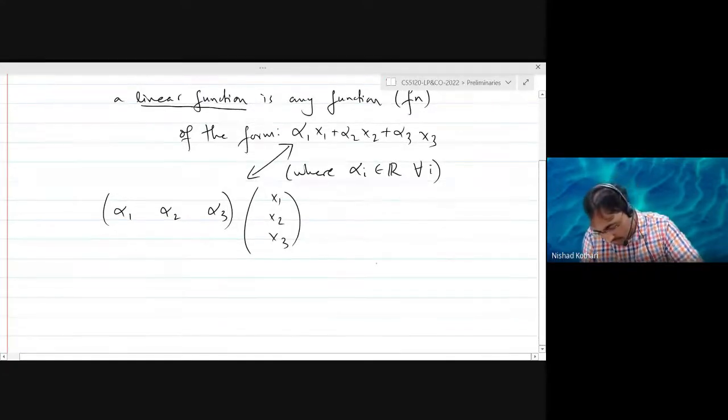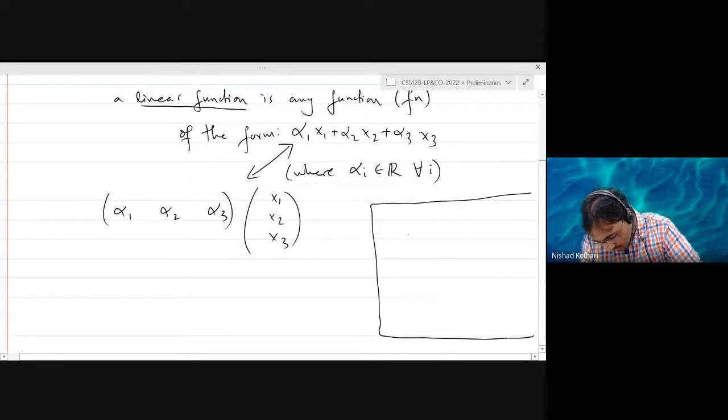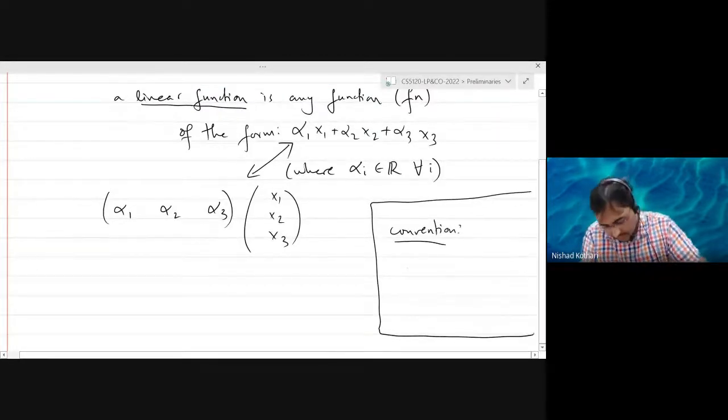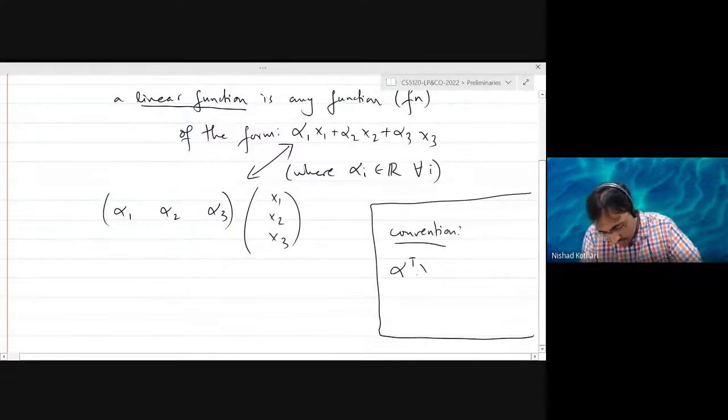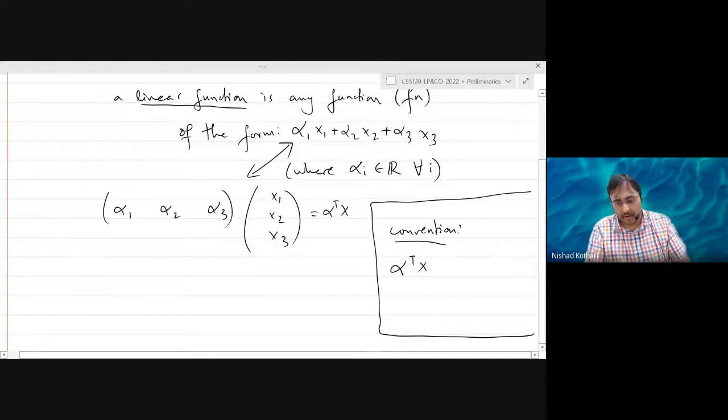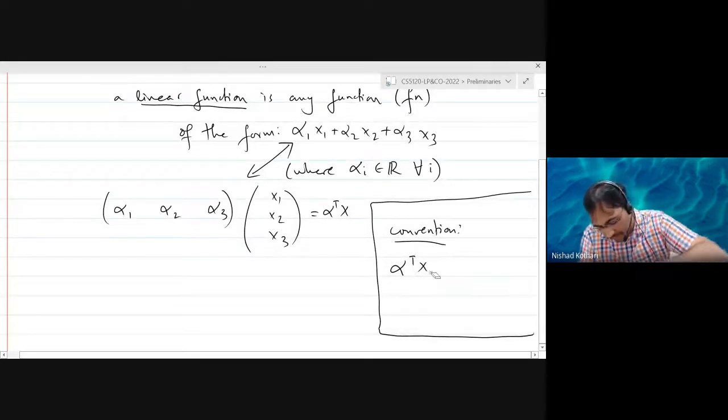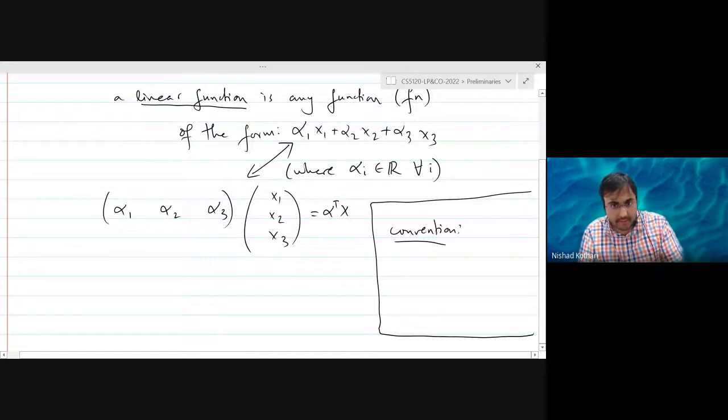Convention. So I may write this down as alpha transpose x, because generally our vectors are going to be column vectors, and when we want to indicate a row vector, we are going to take the transpose of it.